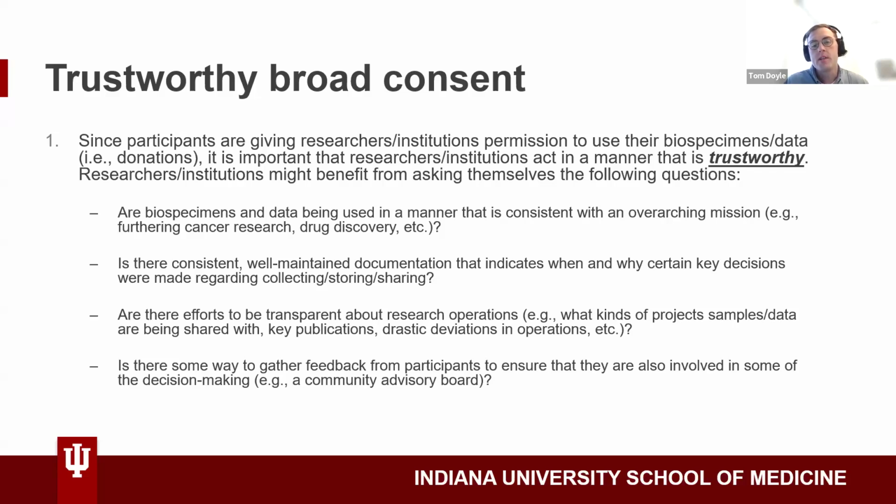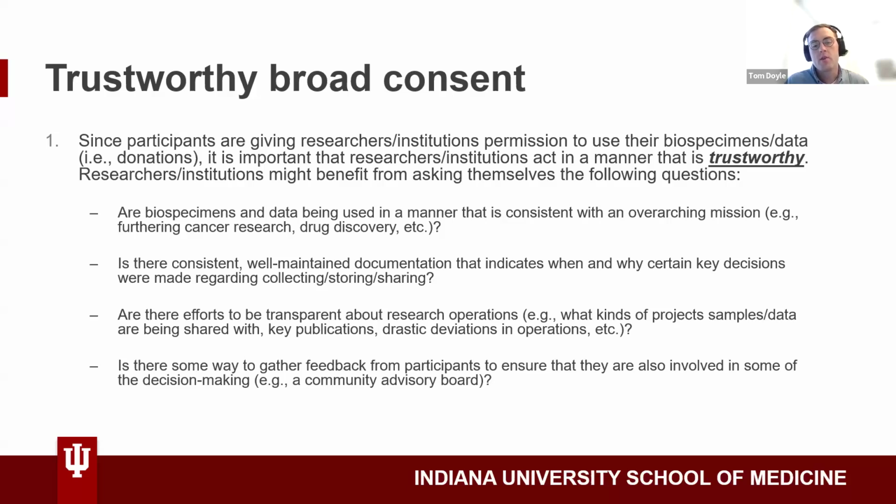Is there consistent, well-maintained documentation that indicates when and why certain key decisions were made regarding collecting, sharing, or storage? So just maintaining a good documentation base so that you have some indication of why you made the decisions that you did. Are there efforts to be transparent about research operations, such as what kinds of projects, samples, and data are being shared, key publications, drastic deviations in operations, et cetera?